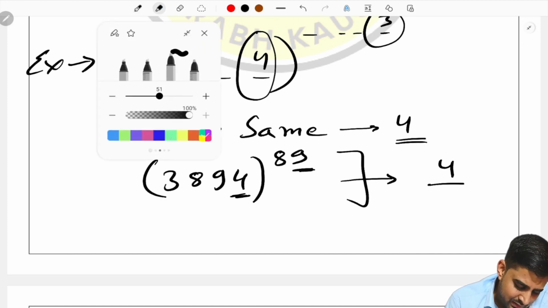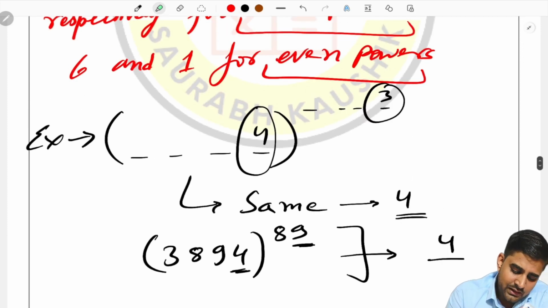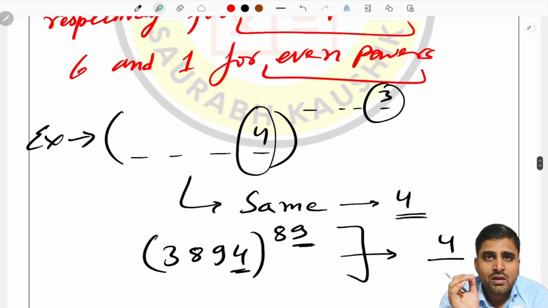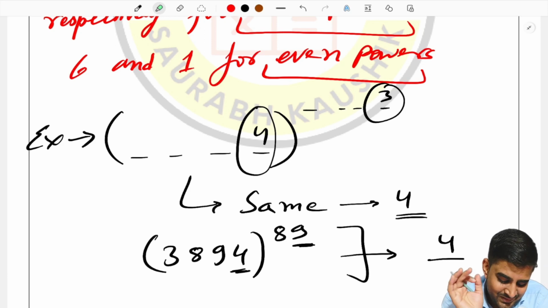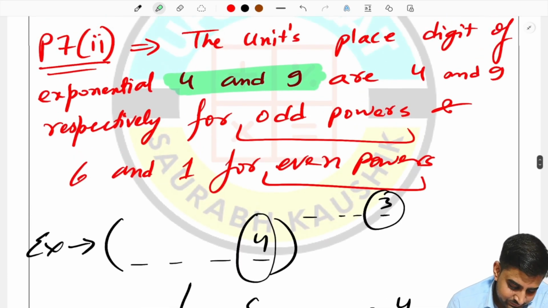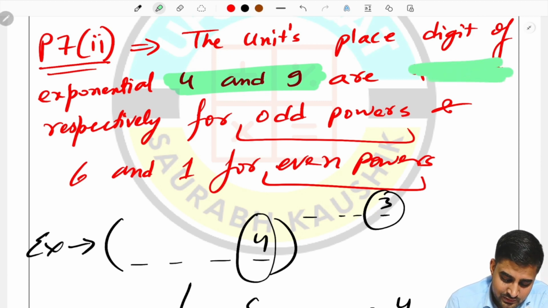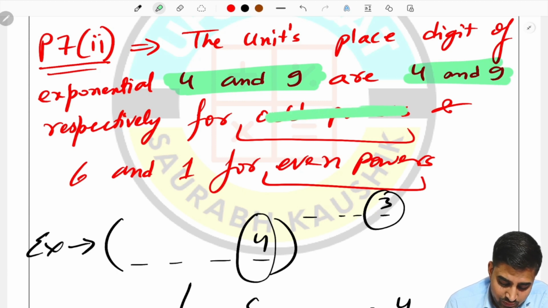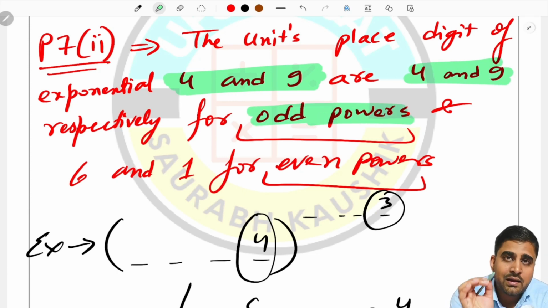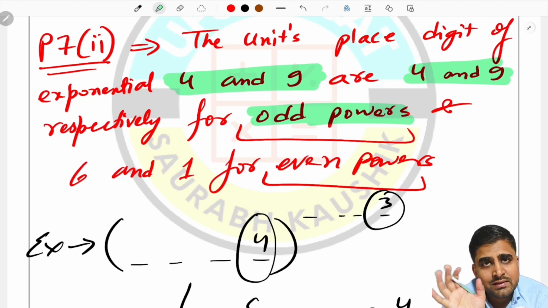I understand that. If you learn, that is good. If you do not learn, I will tell you one thing also. So listen to me carefully. What we have said there: the units place digit of exponentials of 4 and 9 are 4 and 9 respectively for odd powers. For odd powers they will be the same.